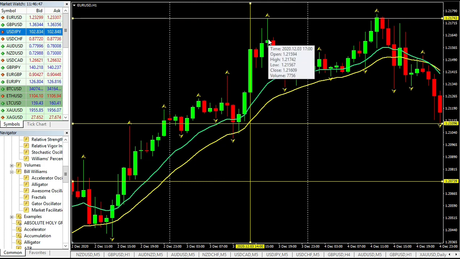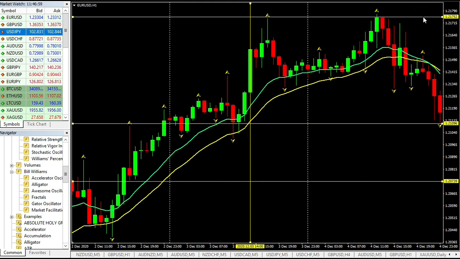The high is at 1.2174, so you're going to buy it at 1.2175. Okay, now as the market keeps going ahead, the next fractal we get is here.